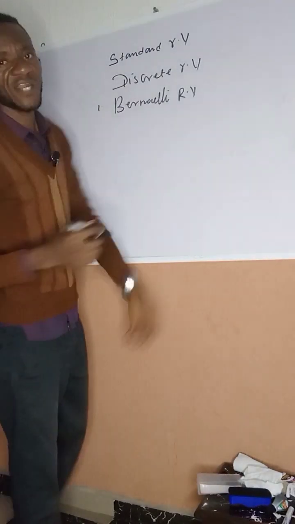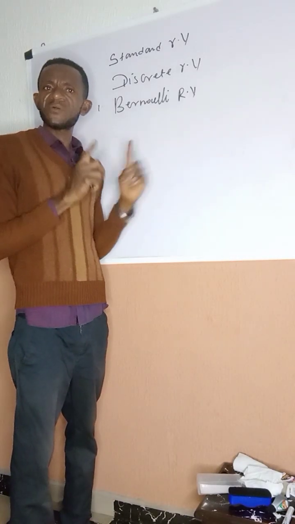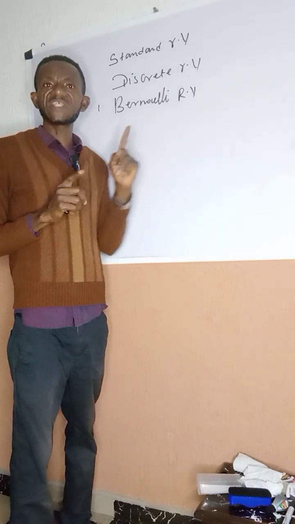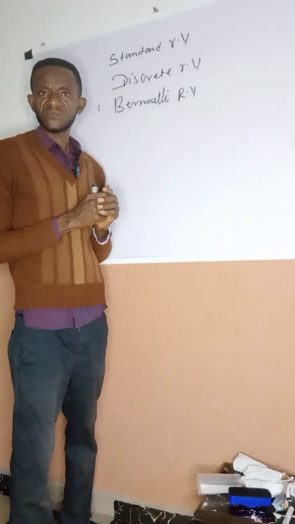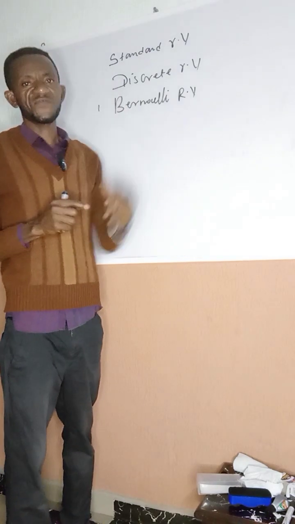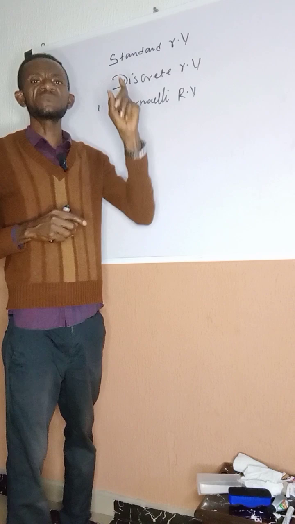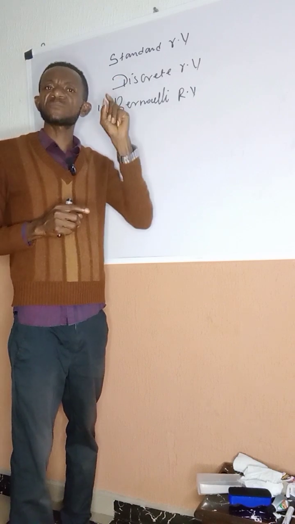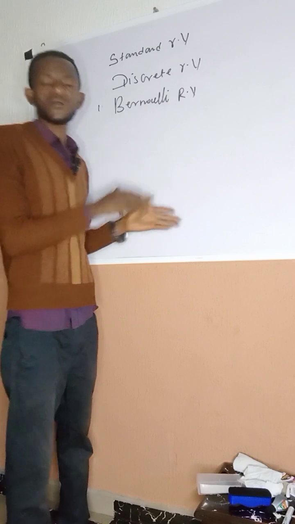Yes, Bernoulli random variable. A random variable X is said to follow a Bernoulli distribution or a Bernoulli trial if and only if that random variable X can assume only two possible outcomes. Only two possible outcomes.